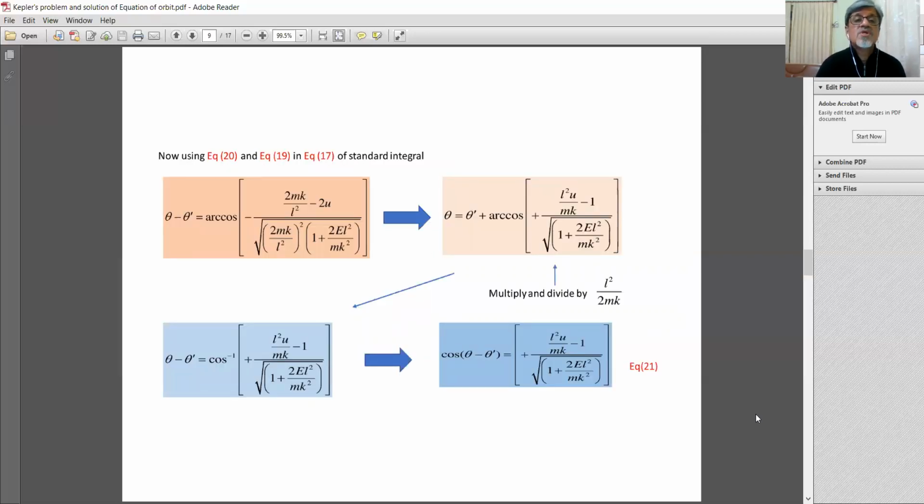Now using equation number 20 in equation number 19 and in equation number 17 of our standard integral, our standard integral is solved in terms of theta minus theta prime, and is arc cos minus 2mk divided by L square minus 2u, and in the denominator the standard value of q.